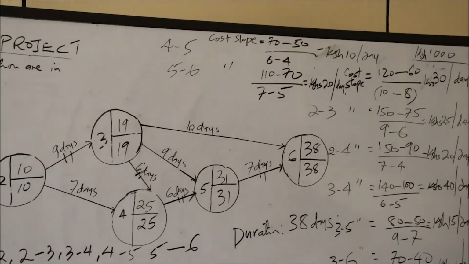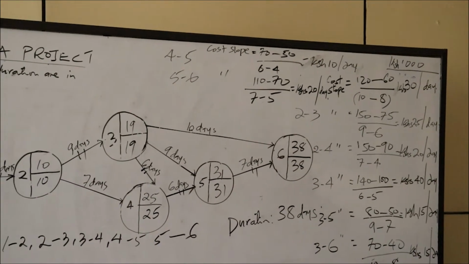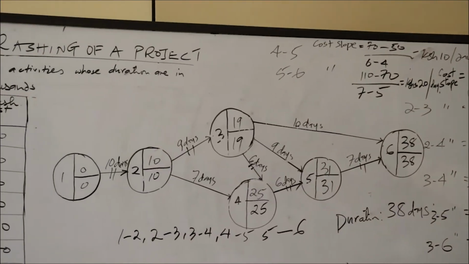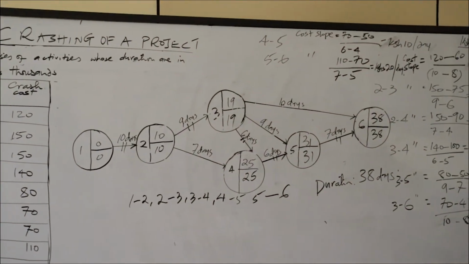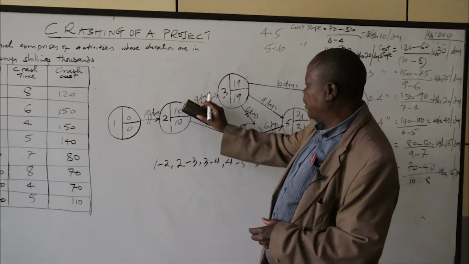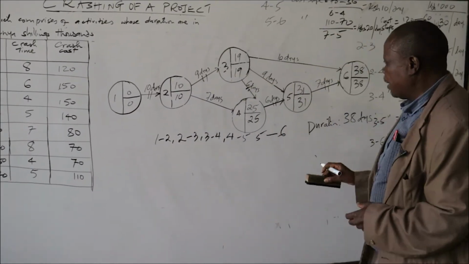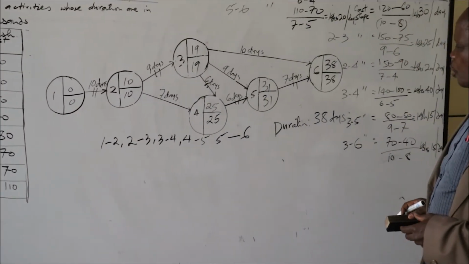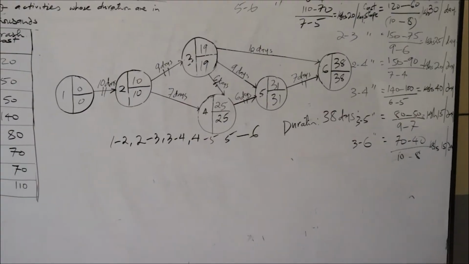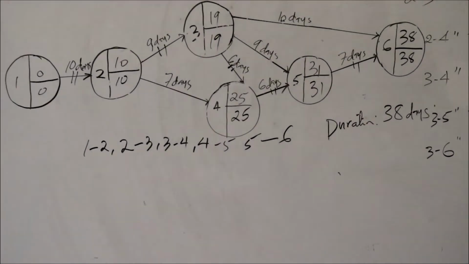Now, we want to see which activity we are to crash. All the activities existing along the critical path are 1 to 2, 2 to 3, 3 to 4, 4 to 5, 5 to 6.